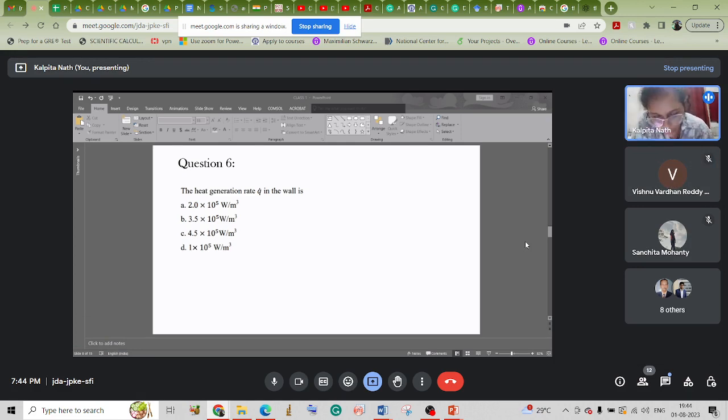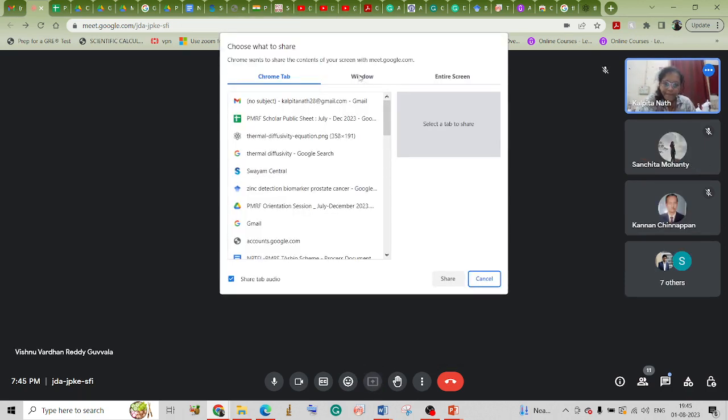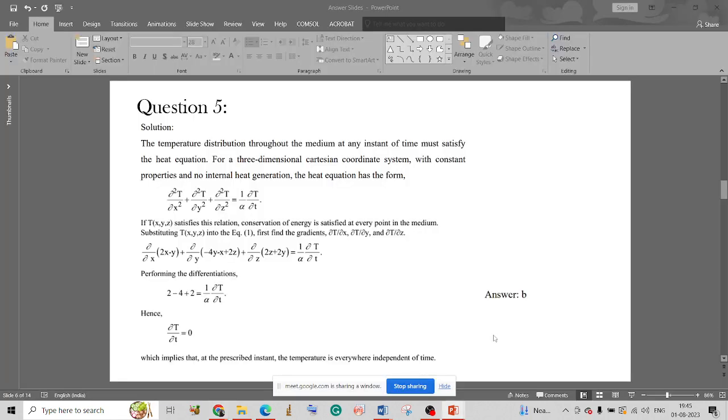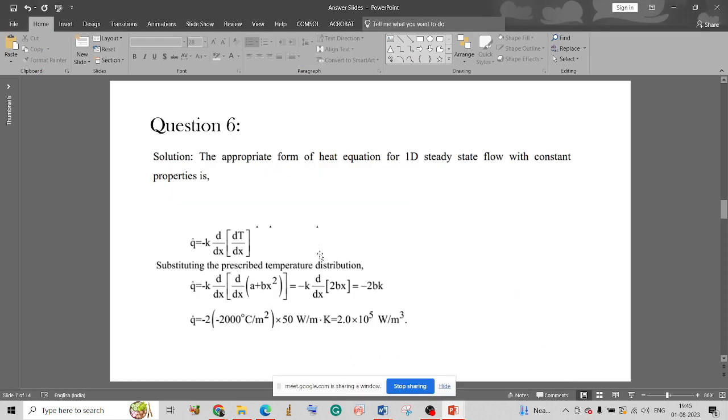So I'll proceed with the solution now because we have given too much time on this question. I'll share the solution slide.